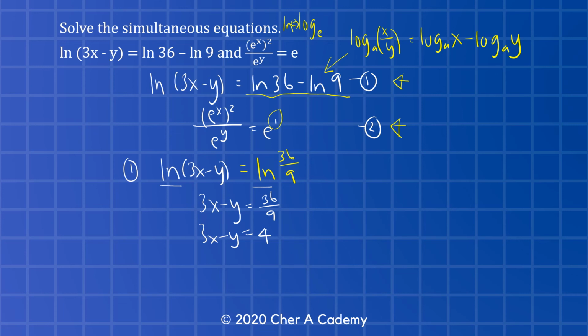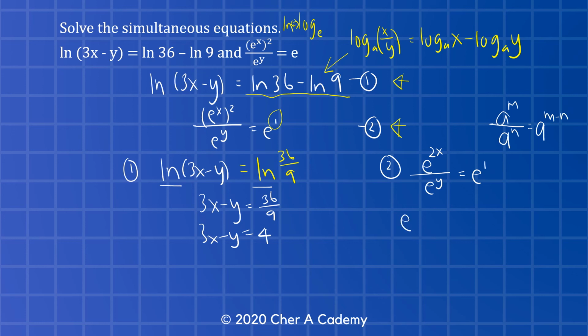Now let's look at the second equation. I have e to the x in brackets squared over e to the y. So I'm going to simplify that. So e to the 2x over e to the y equals e to the power 1. This is in the indices chapter. If I have a to the m over a to the n, it is the same as a to the m minus n in the index.